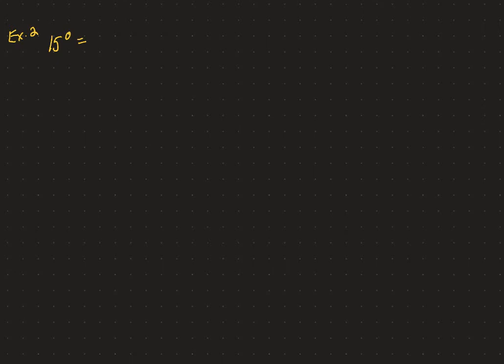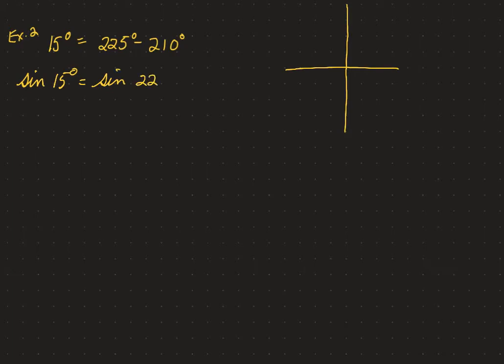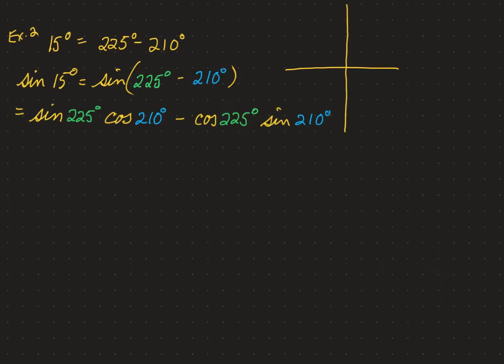Since 15 degrees equals 225 degrees minus 210 degrees, we could express the sine of 15 degrees as the sine of 225 degrees minus 210 degrees, in other words, the difference between those two angles. We have a formula for that. So there's the formula in all of its glory. That is the formula for the sine of the difference between two angles.